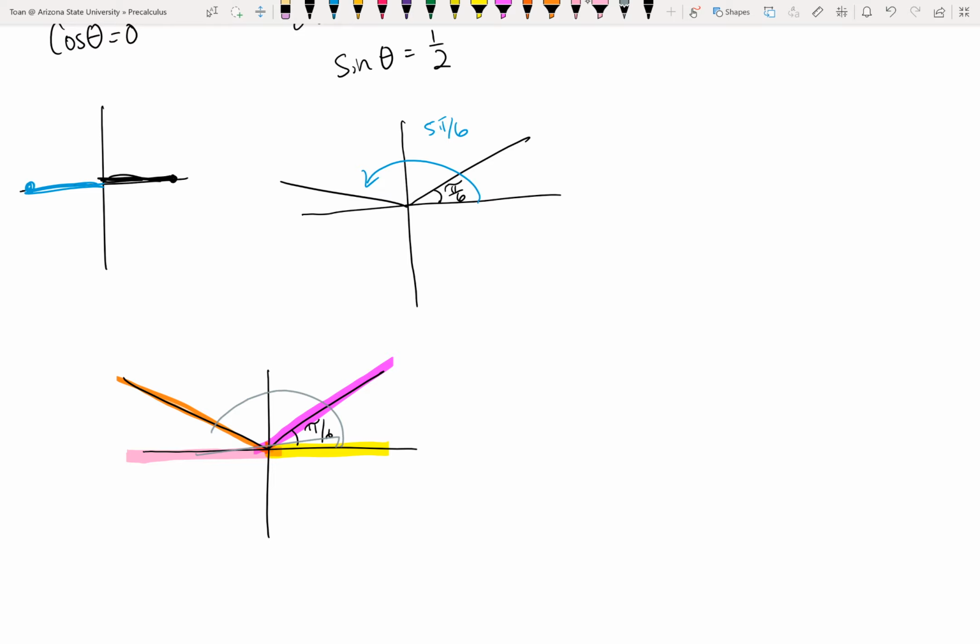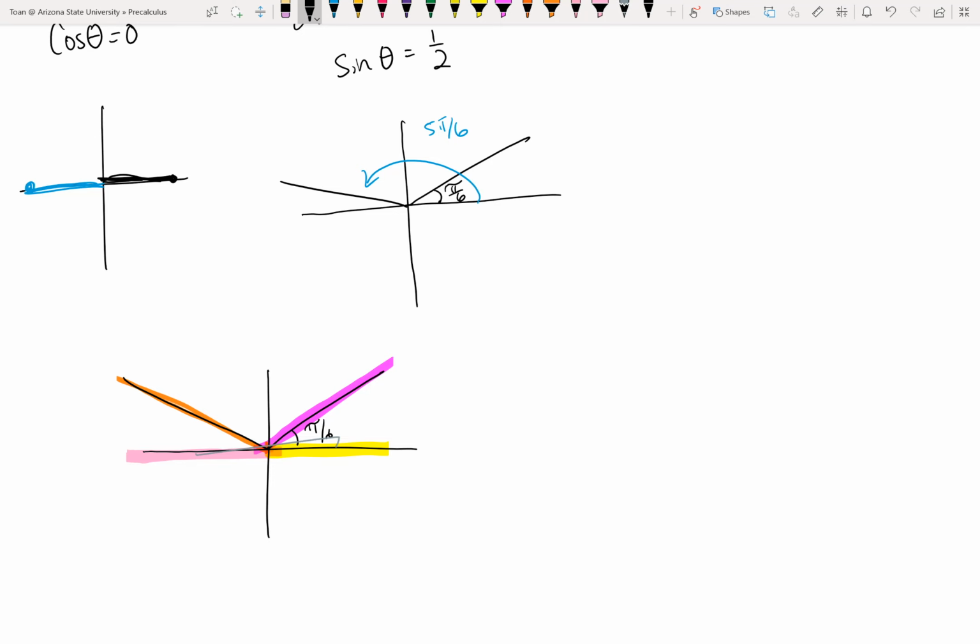I can have one statement from the yellow to the pink, and then from the pink to the yellow. But unfortunately, the purple answer and the red answer are not symmetrical with each other, so we're going to have to do those as two separate statements. Altogether, we should have three separate statements: the yellow statement, the purple statement, and the red-orange statement.